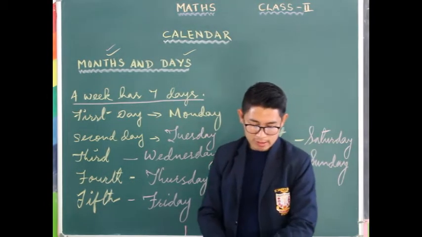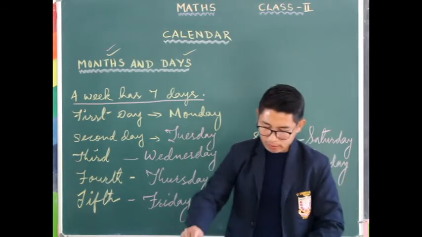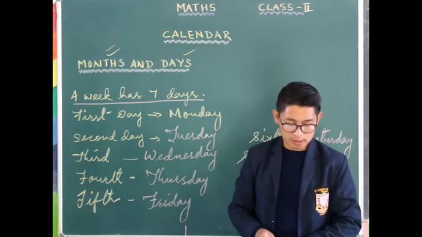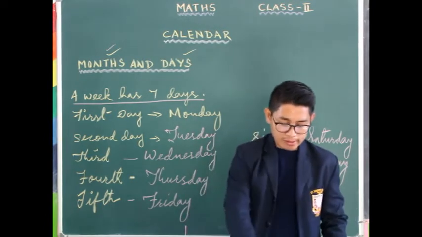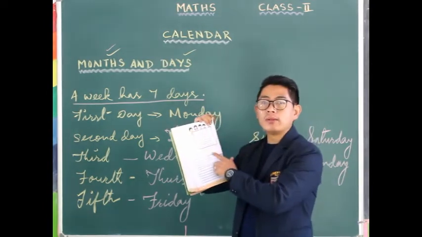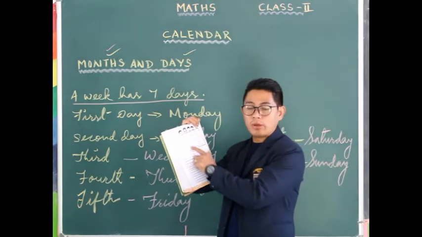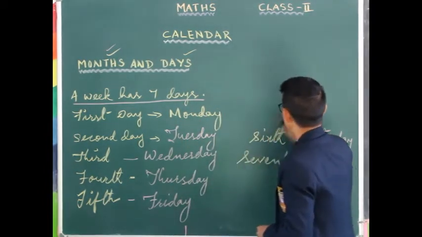Now you can refer to your page number 162. It is clearly given there in the bracket, which is very important for you all to remember. Please learn this properly. It is very helpful for you.